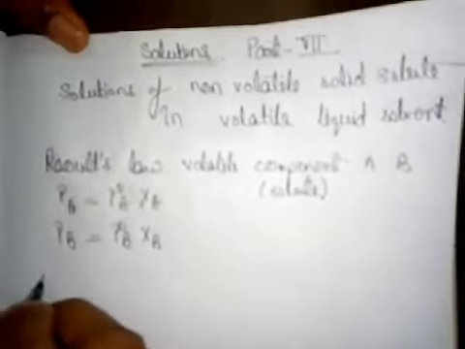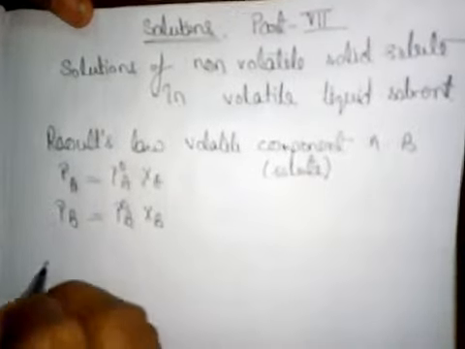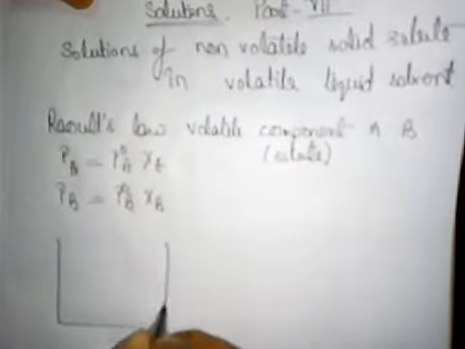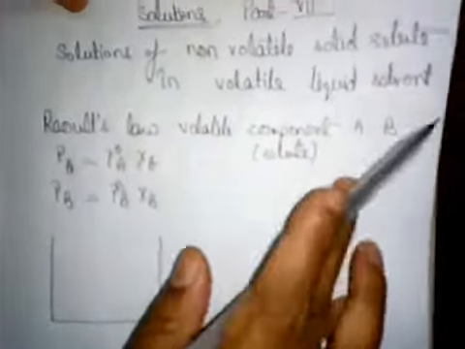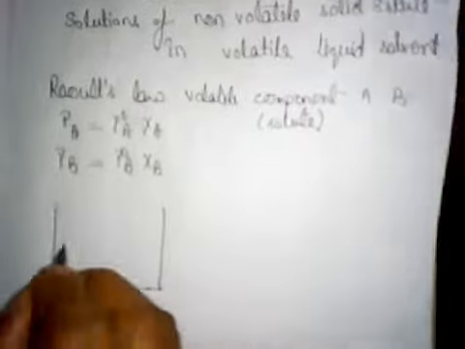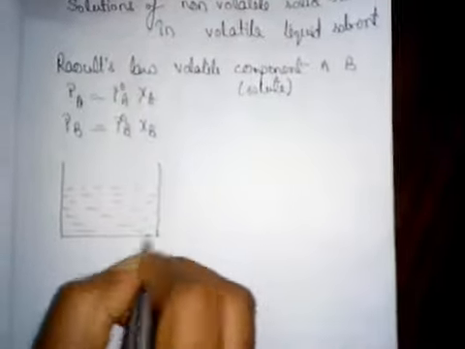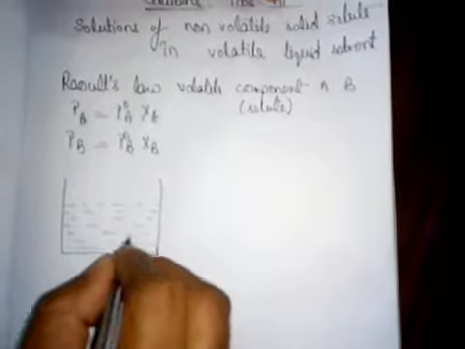Now we'll see what happens when a non-volatile solid solute is added to a volatile liquid solvent. Consider a container in which we have a liquid which is the solvent.